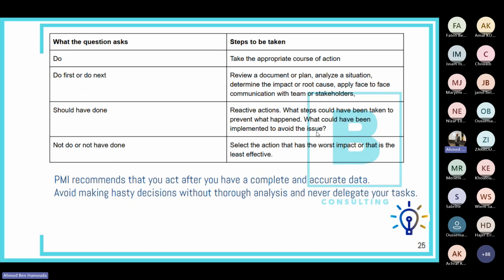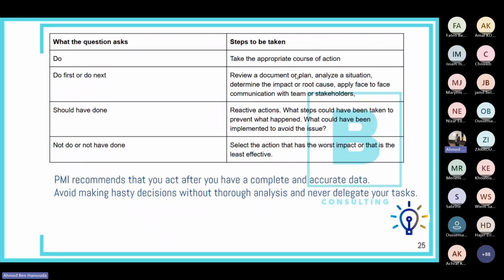Okay, so that's what this kind of question means. Or if the question asks you what the project manager should not do or shouldn't have done, so here you need to select the action that has the worst impact or that is the least effective. Okay, these are the kind of questions and the possible answers.